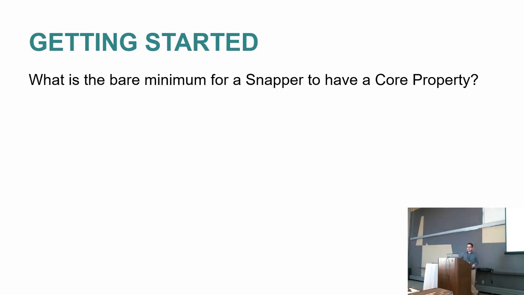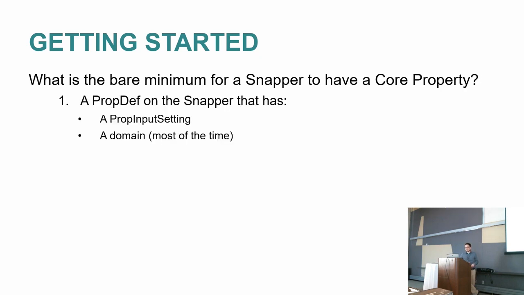So now the question is, what do we need? What's the bare minimum for a snapper to have a core property? It's really simple. You need a prop def on a snapper, or core, a prop input setting, and a domain most of the time. I say most of the time because there's a little bit of guesswork going on if you don't provide a domain.